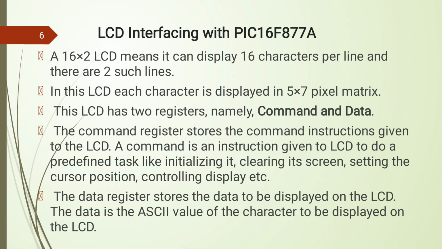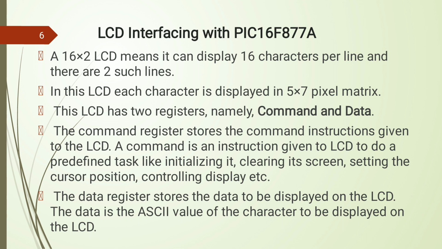Before actual interfacing starts, here are some points related to LCD that need to be analyzed. As the name itself indicates, 16 by 2 LCD is the basic model of LCD and it is mostly used for most of the applications. Here 2 means 2 rows are there, and 16 is the number of characters available in each row.